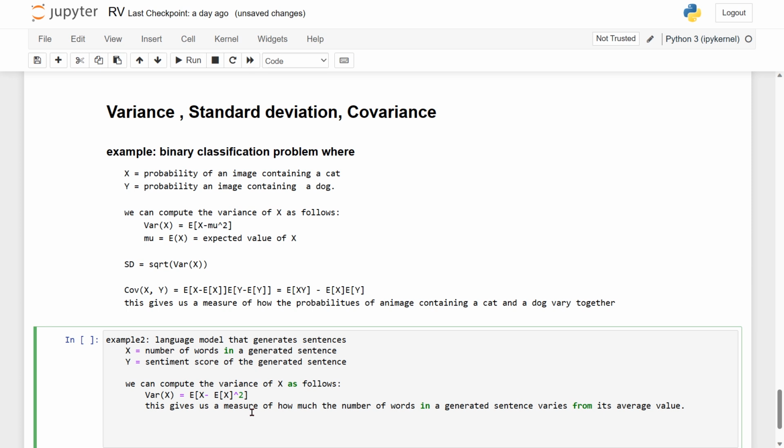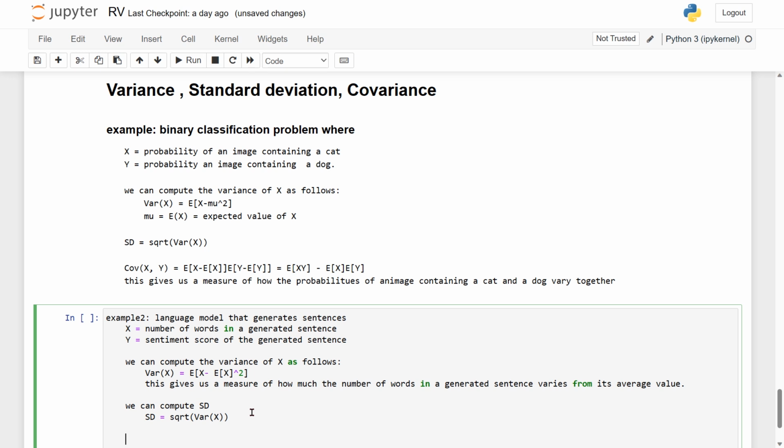From this we can also compute the standard deviation, which is equal to the square root of the variance of x.